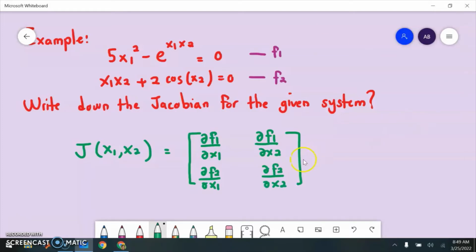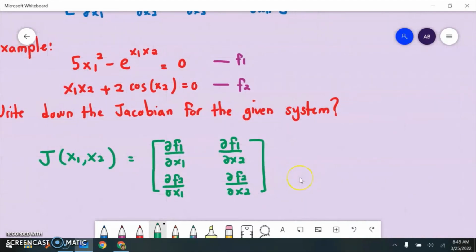What we can do here is find the derivative of f1 with respect to x1. Take the derivative of the first function just with respect to x1. So I have 10x1 here, and I have x1 here as well.